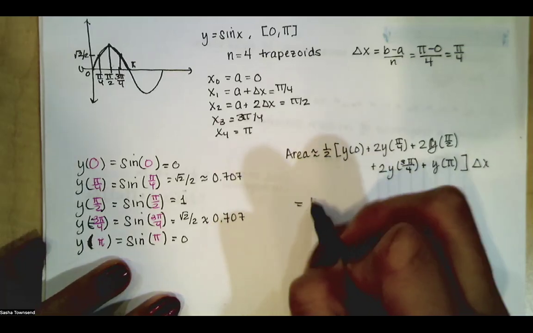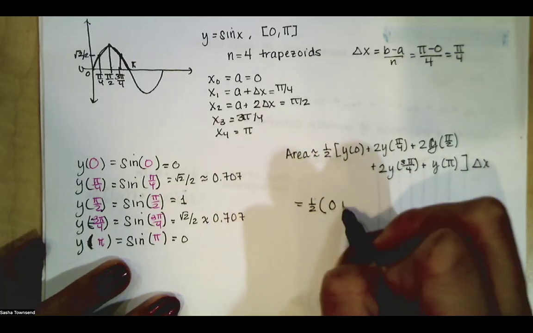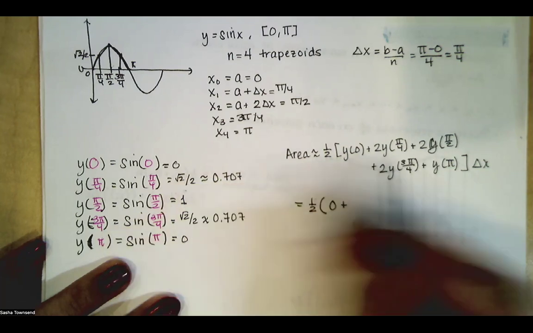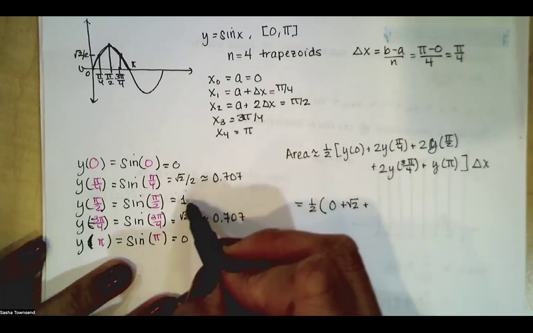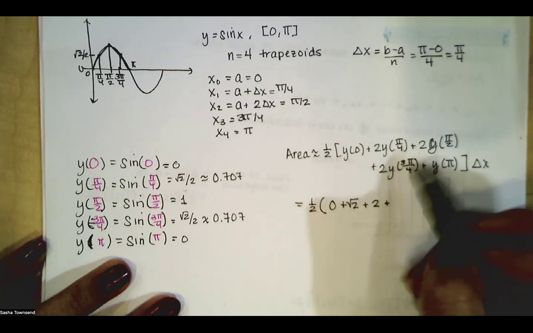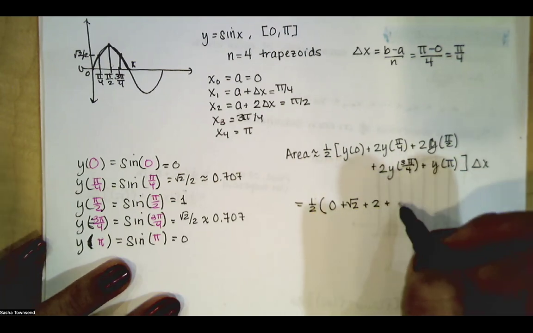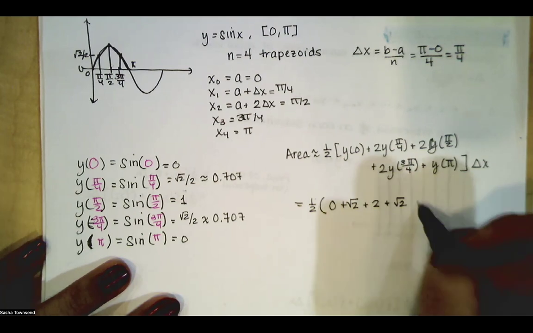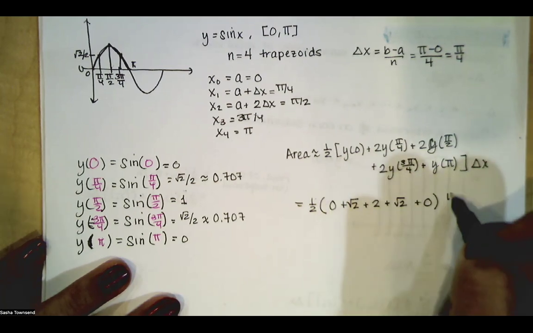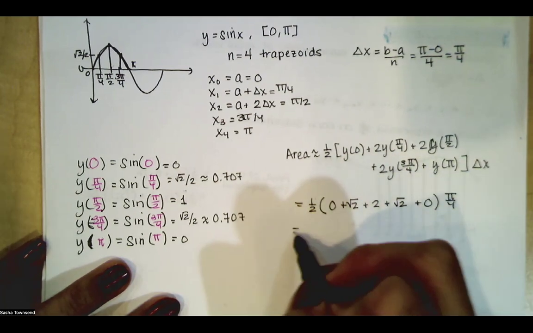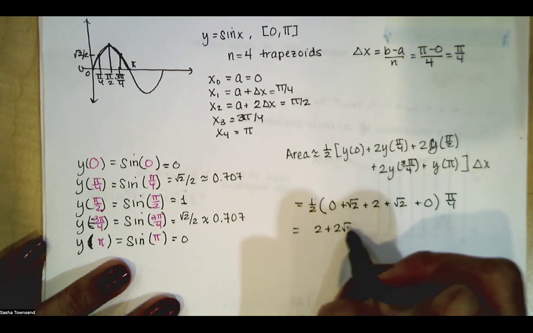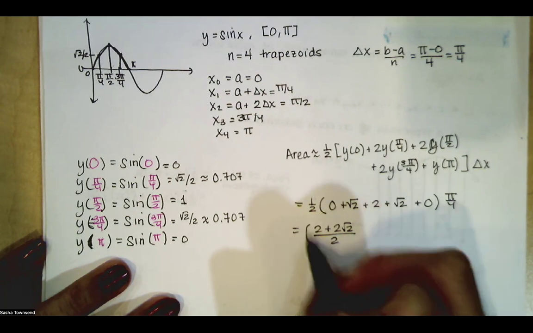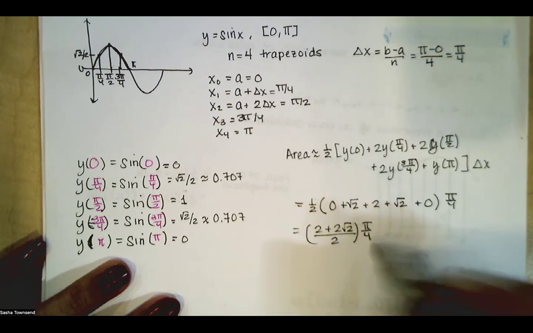So we end up with 1/2 of 0 plus 2 times the square root of 2 over 2, which is square root of 2, plus 2 times 1, which is 2, plus 2 times the square root of 2 over 2 again, which gives us the square root of 2, plus 0, times delta x, which is pi over 4. So we end up with 2 plus 2 root 2, divided by 2, times pi over 4.